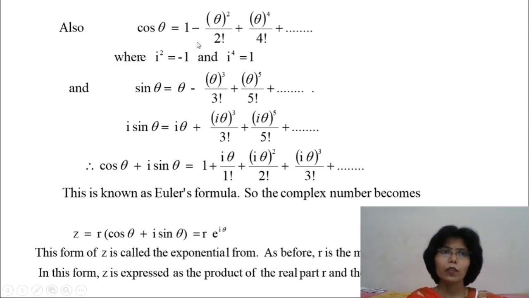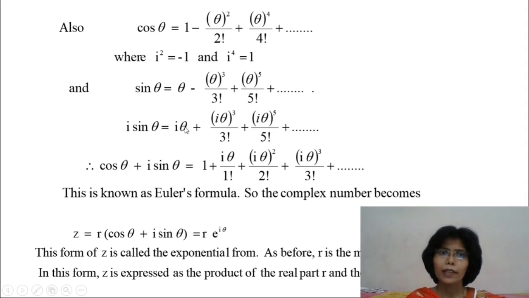Also, we know that cos theta = 1 - theta^2/2! + theta^4/4! and so on, where i^2 = -1 and i^4 = +1, and sin theta = theta - theta^3/3! + theta^5/5! and so on. And i sin theta, we have to multiply throughout this equation by i.